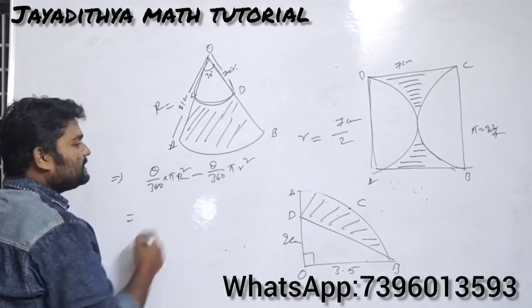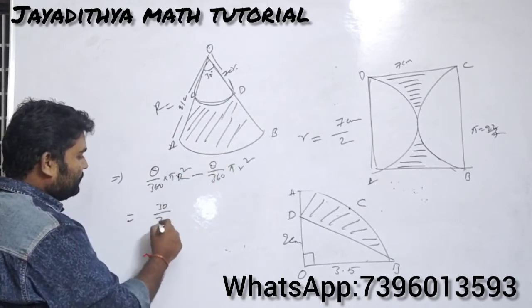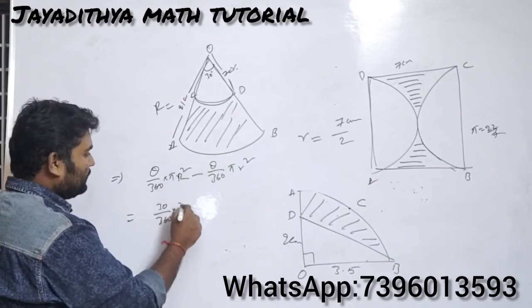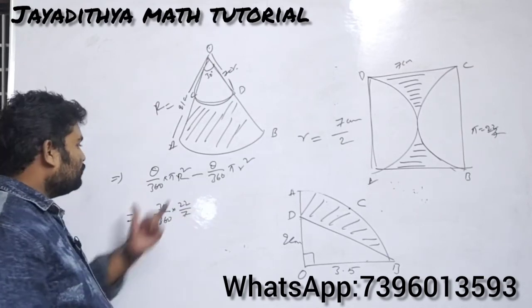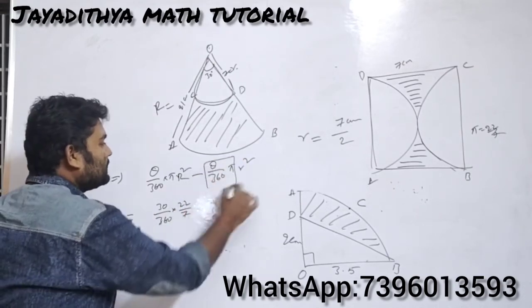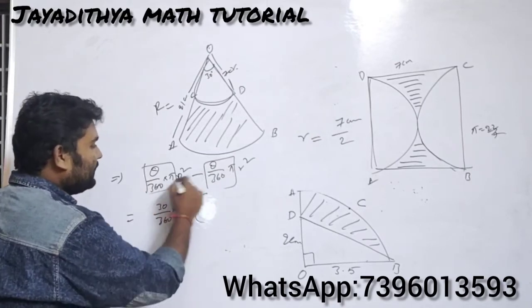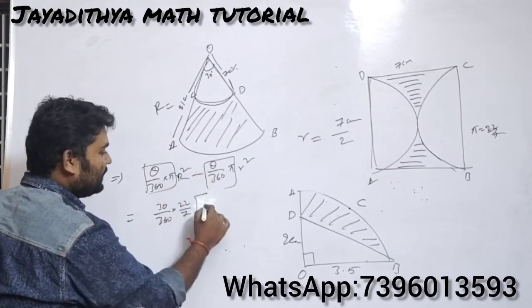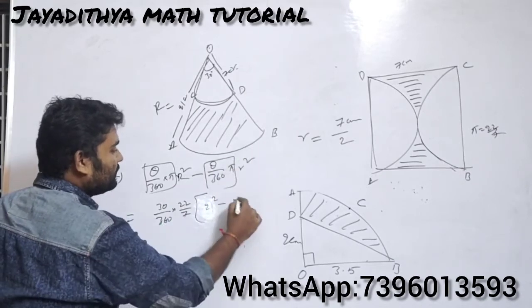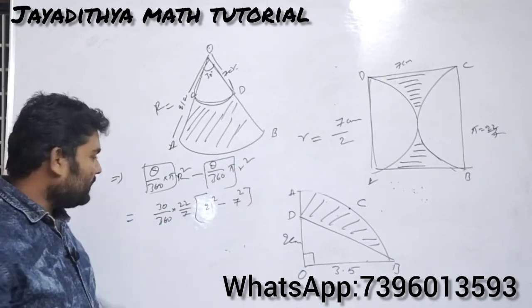Theta is given as 30 degrees. So this is 30 by 360 into pi, that is 22 by 7. This part is common in both sectors, theta by 360 into pi, so take that common. In the brackets you will be left with capital R square, that is 21 square, minus small r square, that is 7 square.